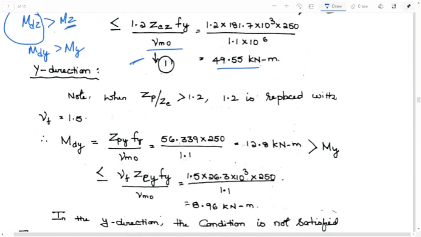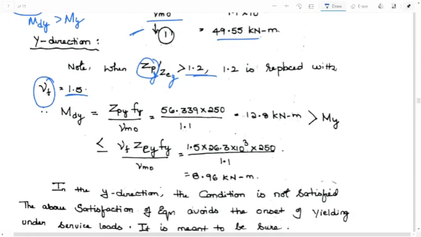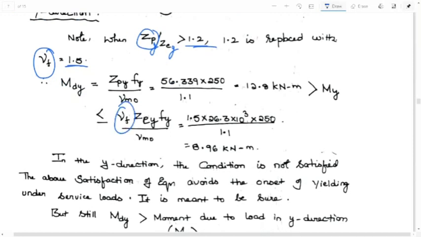Okay, see here, since ZP by ZE is greater than 1.2, you can just find out, we know the value of ZPY and ZEY, and it is going to be greater than 1.2. Therefore, you can replace 1.2 with gamma F, which equals 1.5. Okay, in this case, see. Okay, MDY value, substitute that, you get 12.8 kilonewton meter, which is greater than My.